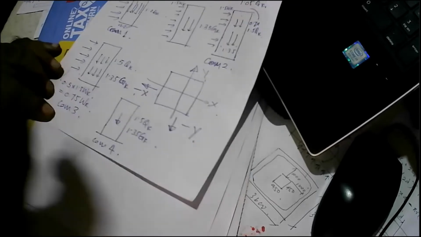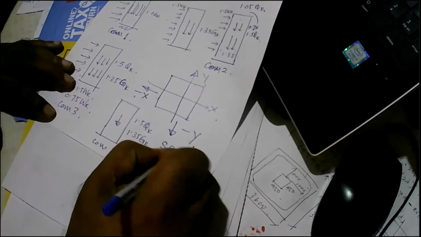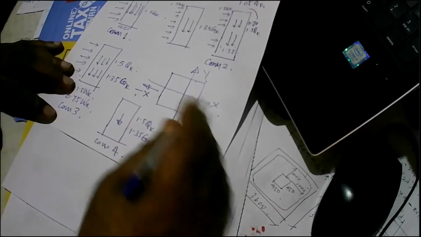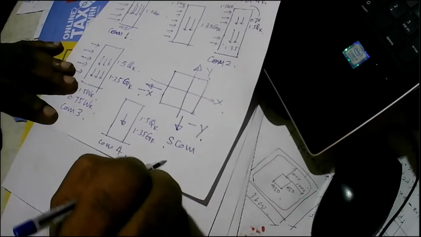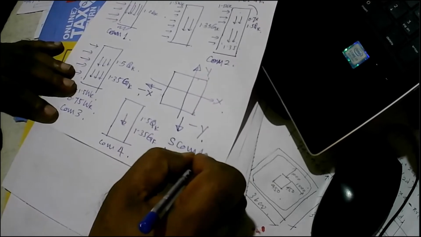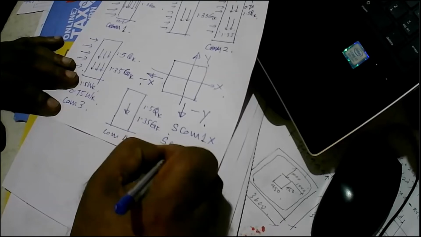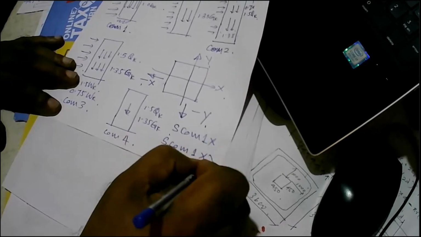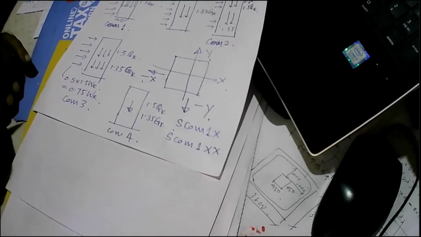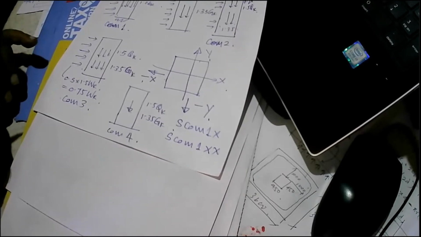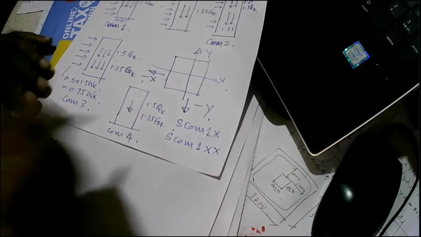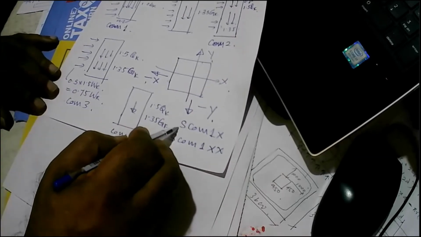And in addition to that, we can also get service combinations. Each of these can have a service combination. One, and X direction. And if it is in the reverse direction, I would say XX direction. So X means the positive direction, XX means negative direction. And if you have S, that is a service combination.